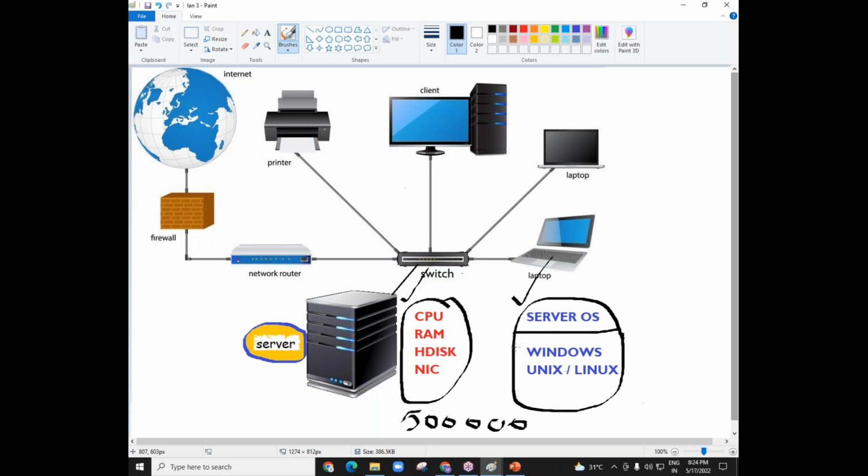Now the big question here is why they are spending that much money to bring a server. Now see, the server is the most important part of our computer network because by using this server, we can control a computer network, or by using this server, we can run some applications on this server. I repeat, by using this server, we can run some applications on the server.